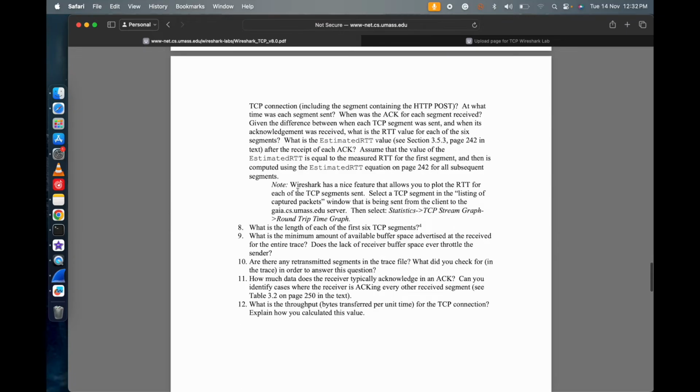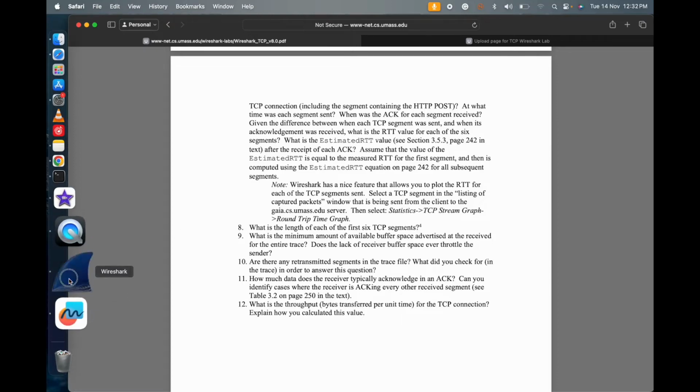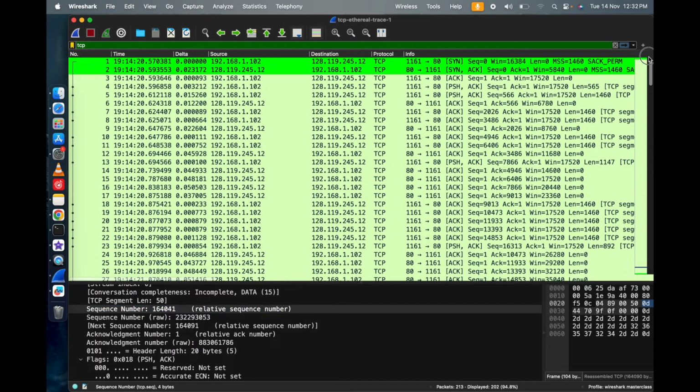For that, first we have to find segments 1 to 6.